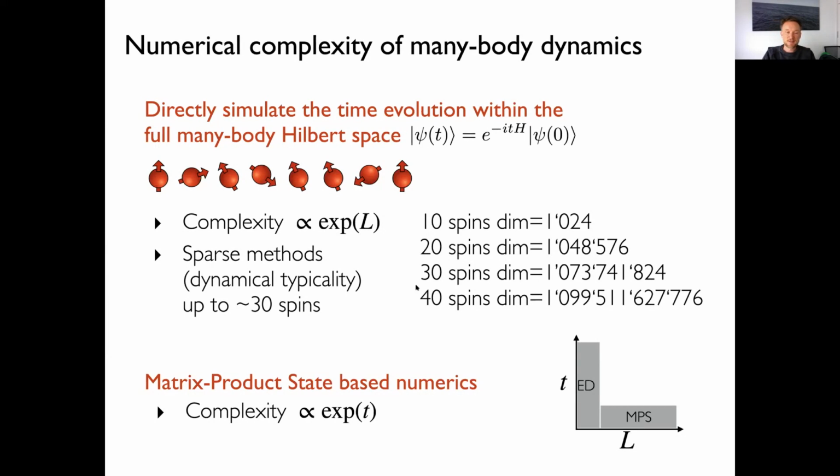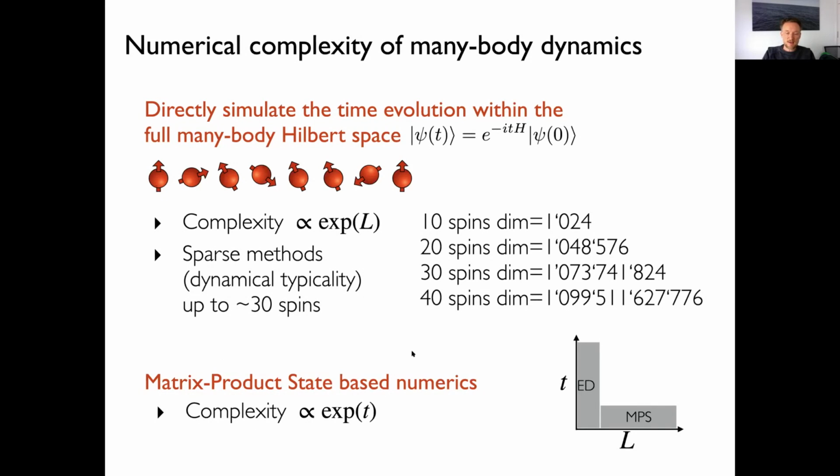That, however, is in many cases still too small to actually see the universal behavior, because in order to get to this universal regime, we need to reach certain length scales, which often already exceed the order of 30 spins. So here we have strong limitations in terms of the system size that we can reach.